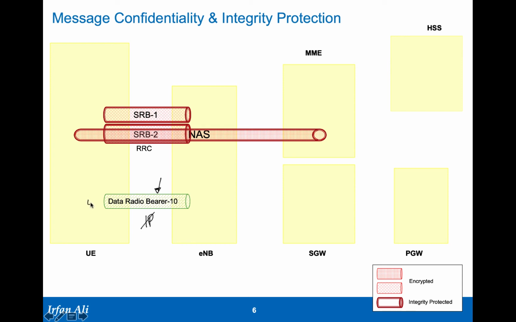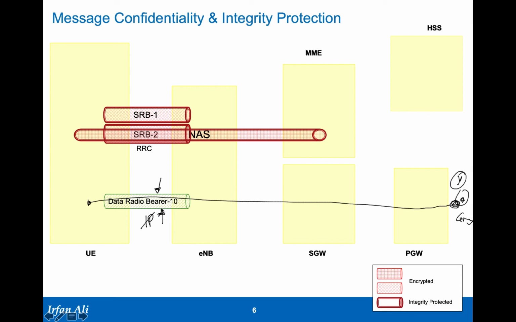Typically the UE and the application it is talking to, let's say YouTube or just Google, have end-to-end integrity protection, so even if somebody puts in a wrong packet, the end node would detect that this is not a valid packet from the mobile.